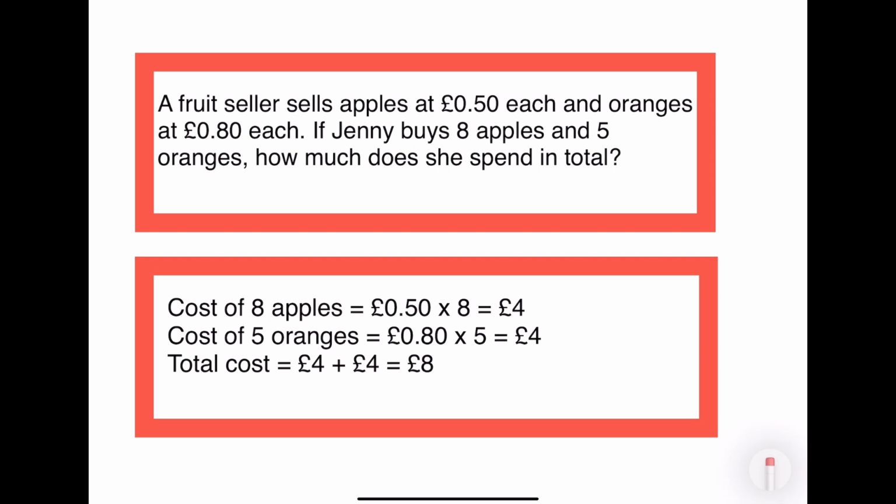Each apple costs 50p and there are 8 apples. 50p times 8 is 4 pounds. And each orange costs 80p and there are 5 oranges. 80p times 5 is 4 pounds and the total cost is 8 pounds. The answer is 8 pounds.